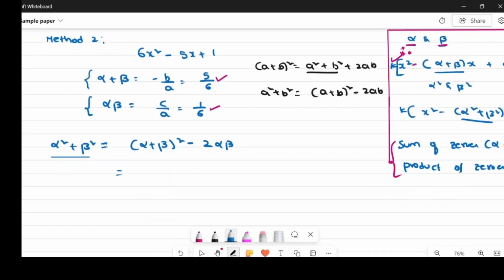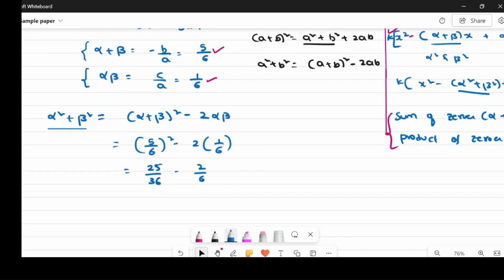So substitute, we get the value of alpha square plus beta square. So 5 by 6 whole square minus 2 into alpha beta, which is 1 by 6. This will be 25 by 36 minus 2 by 6, or you can simplify to 1 by 3 also. So if we take LCM, it will be simplified to 25 minus 12, which will be 13 by 36. So this is our alpha square plus beta square.